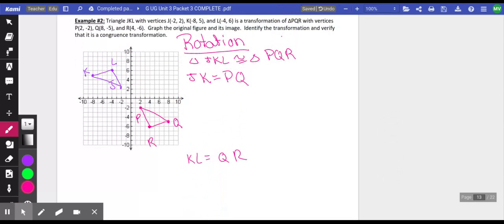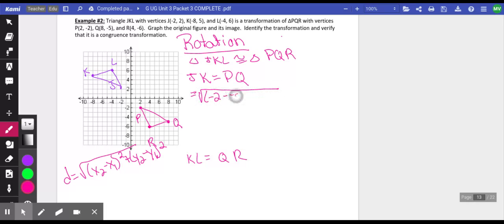So I'm going to do the distance formula for JK. To remind you, the distance formula is D equals the square root of x2 minus x1 squared plus y2 minus y1 squared. So JK is the square root of -2 minus -8 squared plus 2 minus 5 squared.